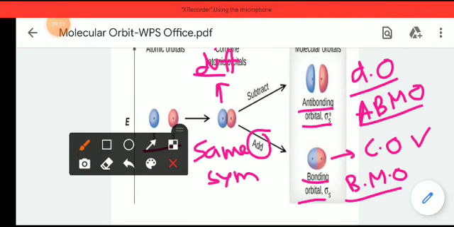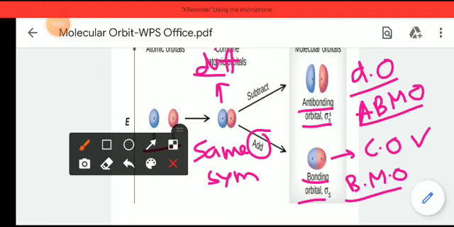So when the symmetry is the same between the two atomic orbitals, they give additive atomic orbitals which lead to a bonding molecular orbital. But when the symmetry is different between the atomic orbitals, they give subtractive atomic orbitals which lead to an antibonding molecular orbital.